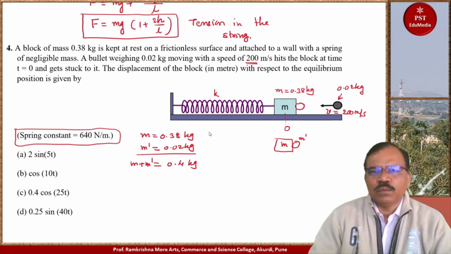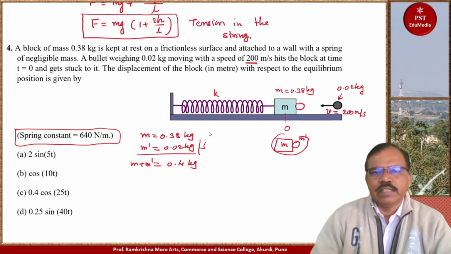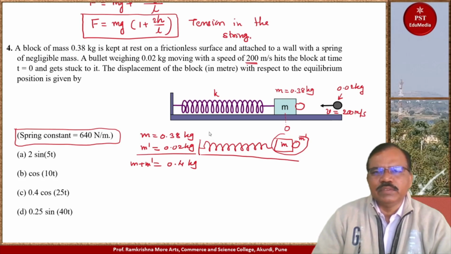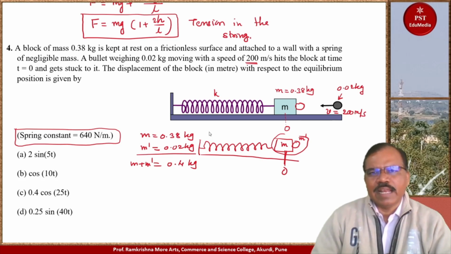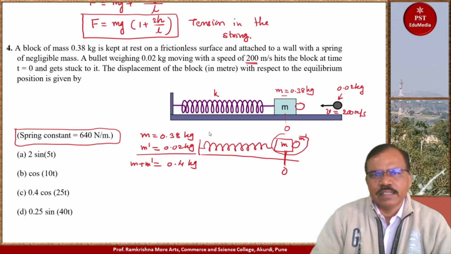So now we have only one system, and this system will start oscillating, because it receives energy at the equilibrium position. That energy will be kinetic energy. This block will move along this direction.